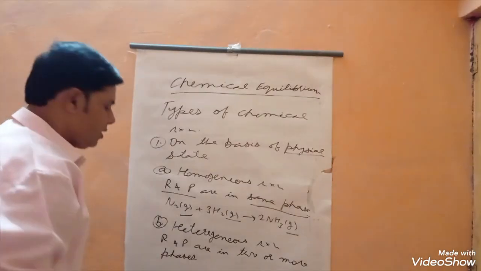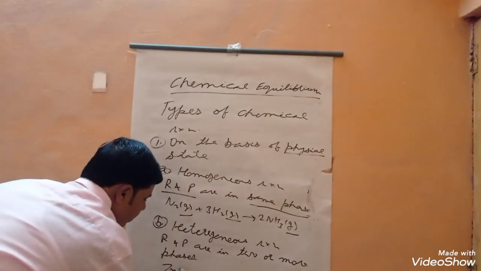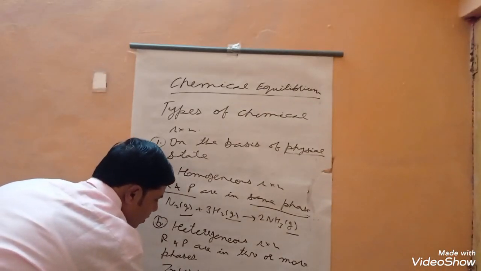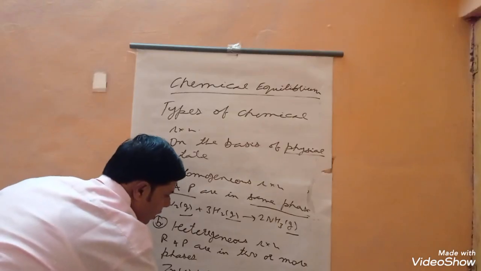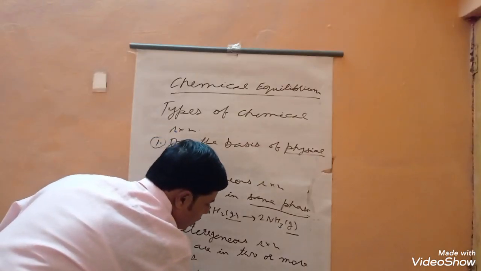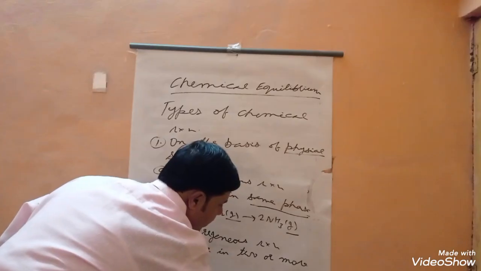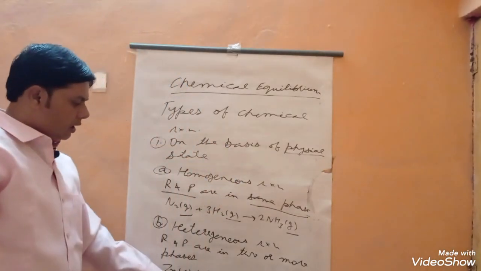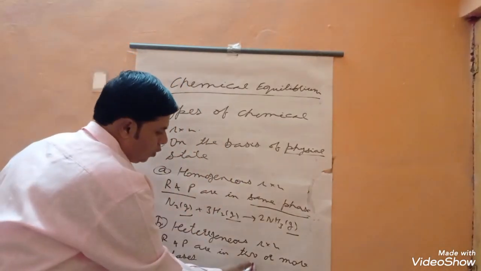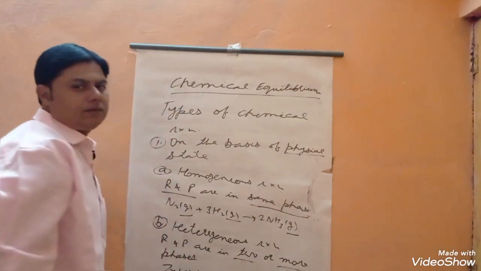For example, zinc solid reacts with CO2 gas. It gives zinc oxide solid plus carbon monoxide gas. So the reactants and products are in two or more phases.